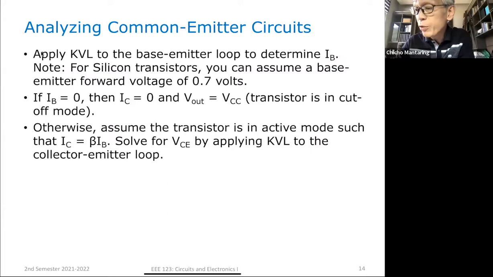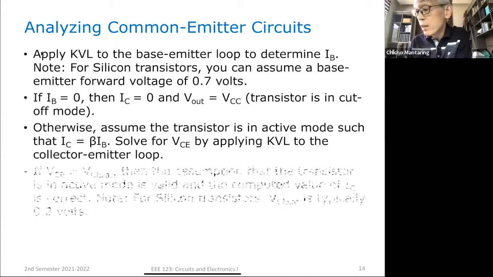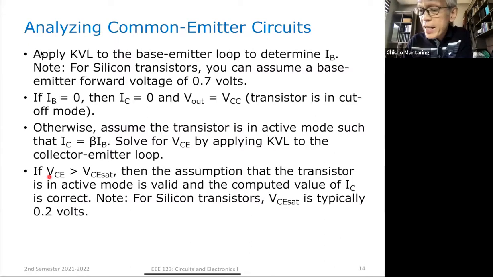If it is not equal to 0, then we assume that your transistor is in active mode, such that IC is equal to beta times I sub B. Then we can solve for VCE by applying KVL to the collector emitter loop. Now, if VCE is greater than VCE SAT, then the assumption that the transistor is in active mode is valid.